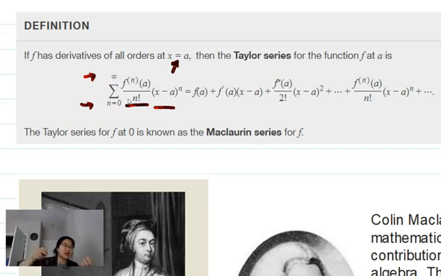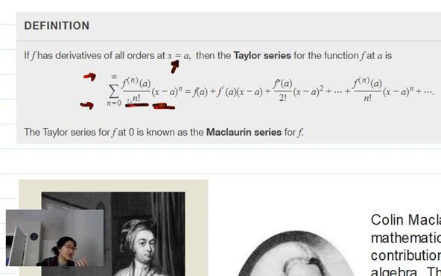Because when we're taking our derivatives, we're actually going to be multiplying repeatedly by increasing powers. So we're going to end up with a factorial that we need to divide out. And you'll see that when you're constructing your Taylor series representations for other functions. So you'll get there.